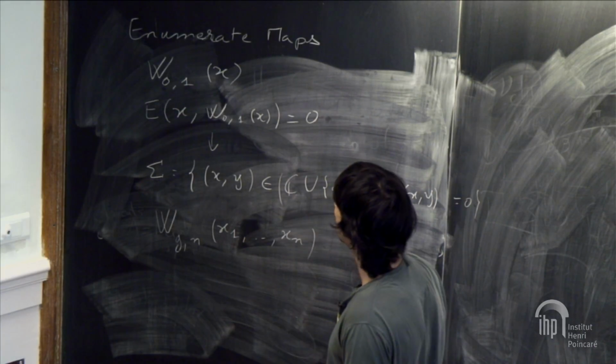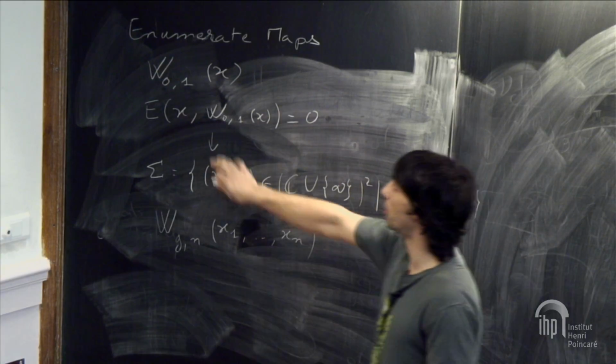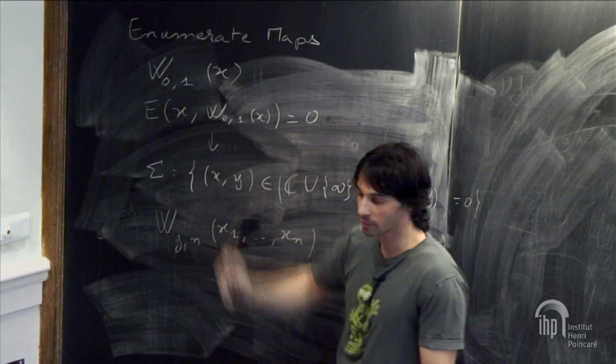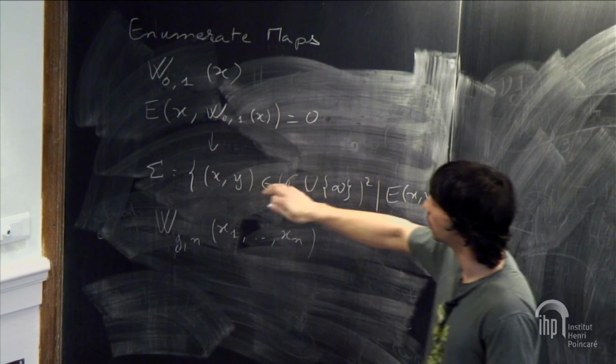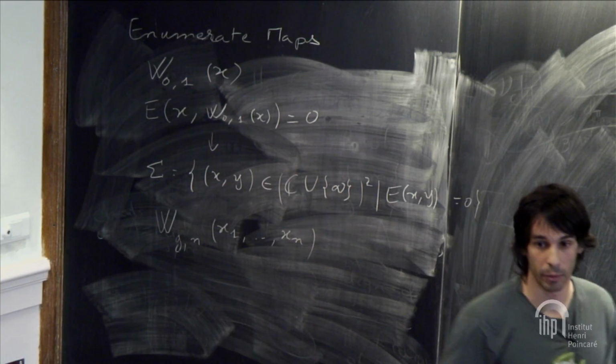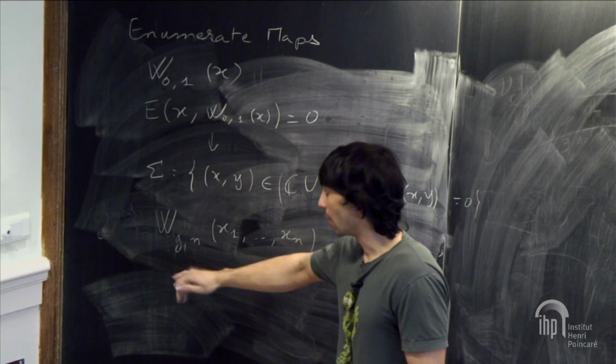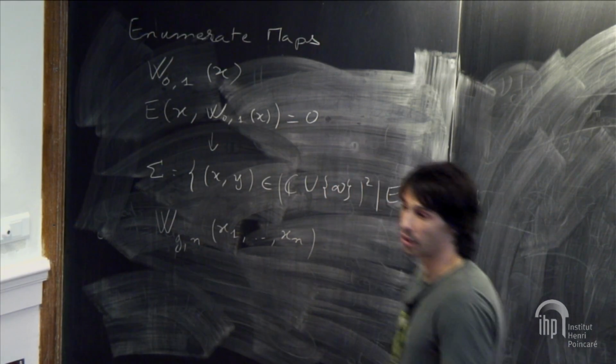We derived some combinatorial equation, Tutte equation, which is satisfied by the coefficients of this W01 of x. And we did translate that into an algebraic equation. Now, what we will do is to generalize that for maps of genus G with n boundaries.